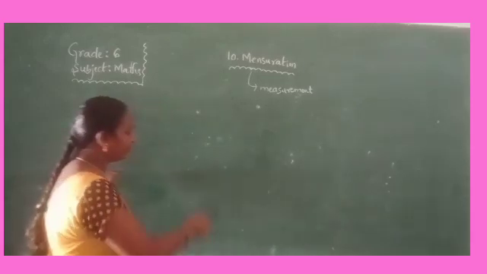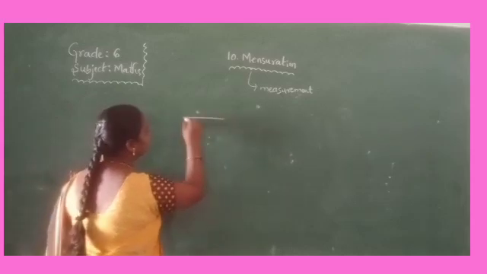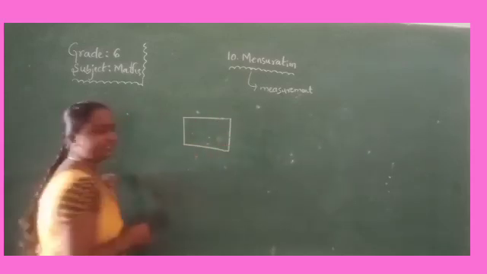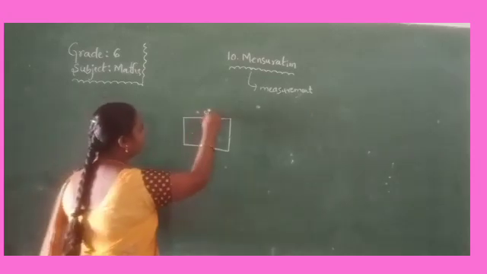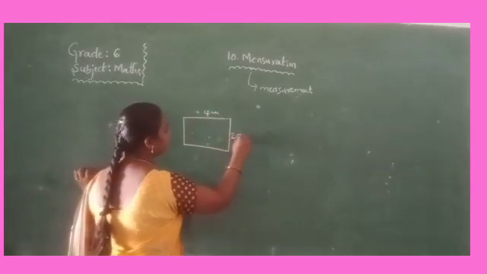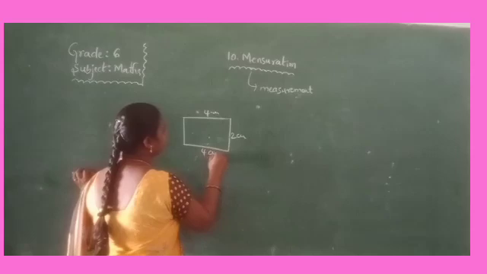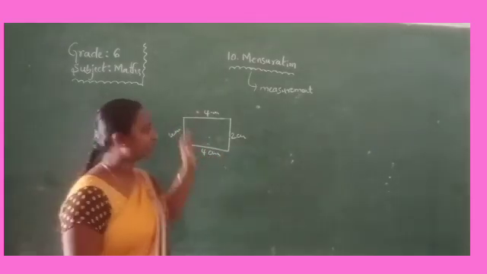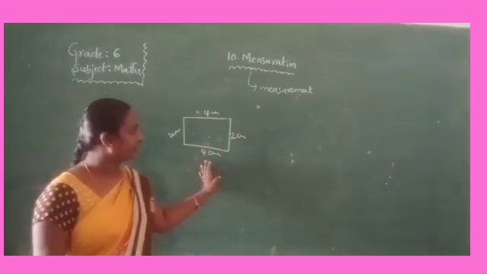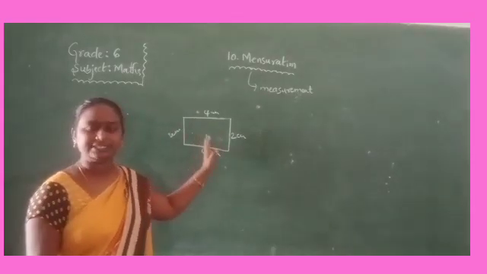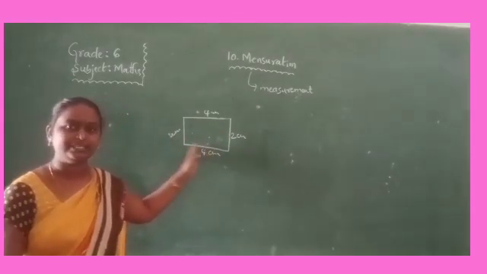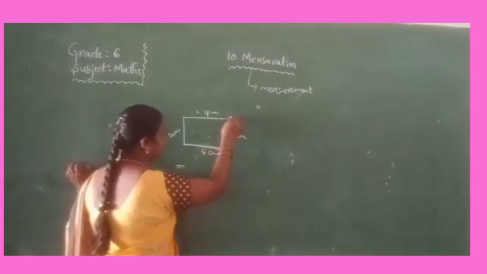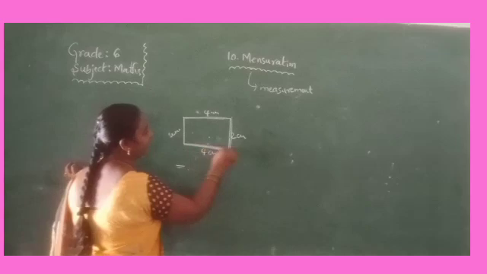Suppose you want to measure the length of this rectangle. It has 4 centimeters, 2 centimeters, so 4 centimeters, 2 centimeters. What is the length of this rectangle? It has 2 lengths and 2 breadths.